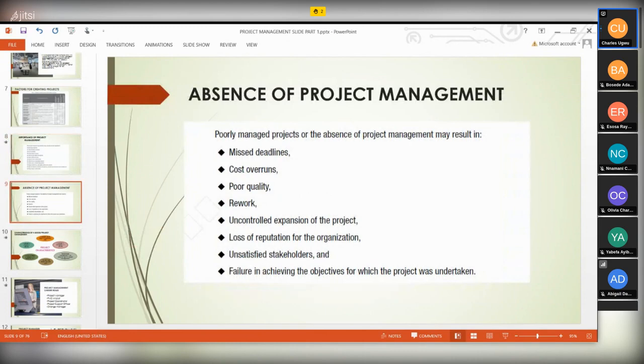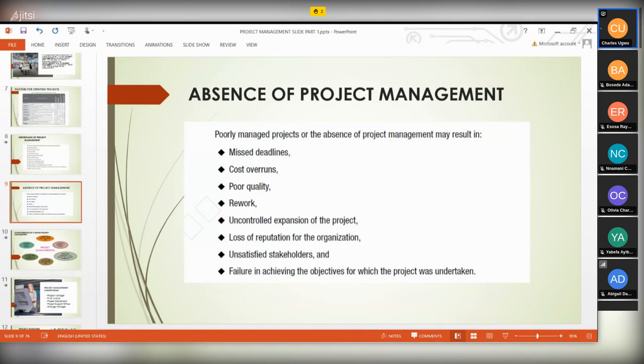The absence of project management. Poorly managed projects or absence of project management may result in a missed deadline, cost overrun, poor quality, rework, uncontrolled expansion of the project, loss of reputation for the organization, unsatisfied stakeholders, and failure in achieving the objectives for which the project was undertaken.